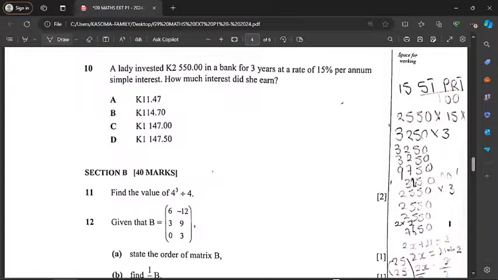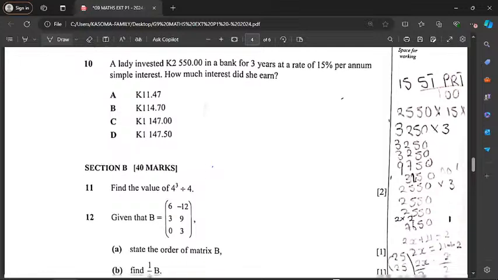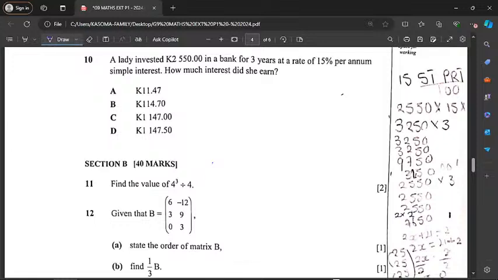Okay, so I want to find the simple interest she earned. To calculate the simple interest, the formula we use is I for interest is equal to principal multiplied by rate times time over 100. Then we say, what is the principal?